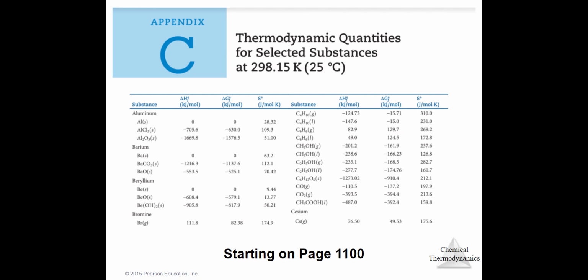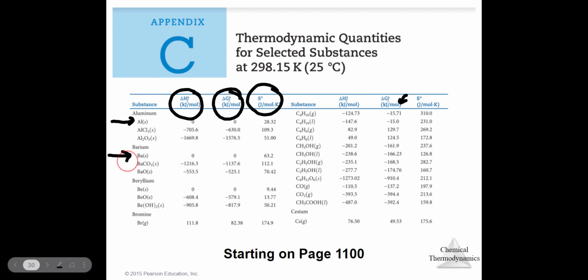You will notice not just the delta H, which we looked at previously first semester, you're going to see your delta G and S values as well. So we can look through all of these Gibbs energies. And again, notice Gibbs is going to be in kilojoules per mole, just like your delta H. And also, just like our delta H, any elements in their natural form are going to have a delta G equal to 0 as well.